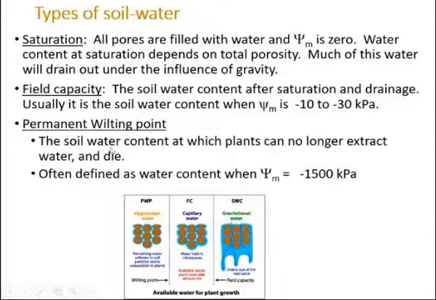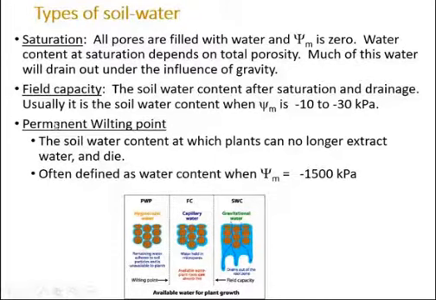All of these points are very important to present the status of the water content in the soil, and that ultimately is very important for keeping our plants growing healthily.